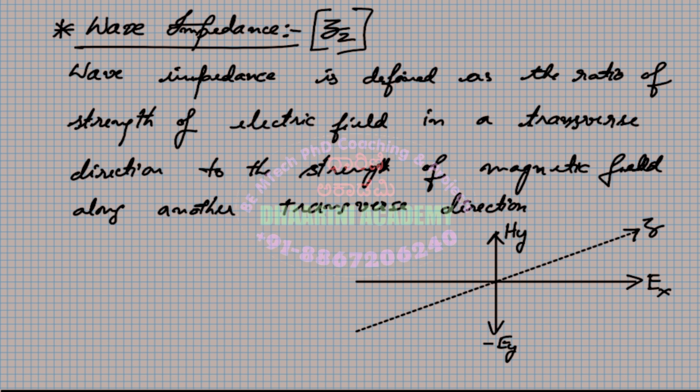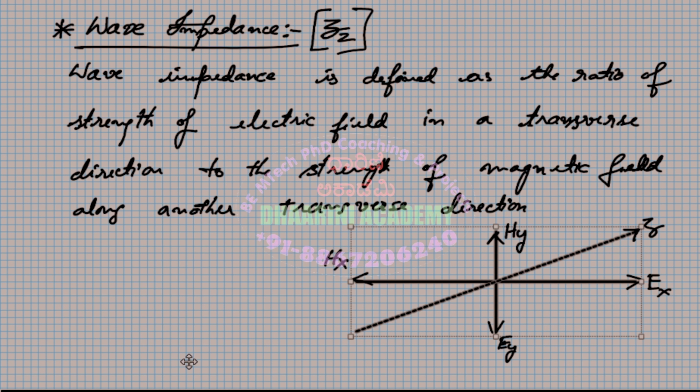Anyway, I don't want to put a sign here. Let's define that properly when we use it in the equation, so there may not be confusion at a later stage. And the field along this axis should be, say, Hx. At least two of the components should exist so that the wave propagates in the z direction. That's the whole idea.